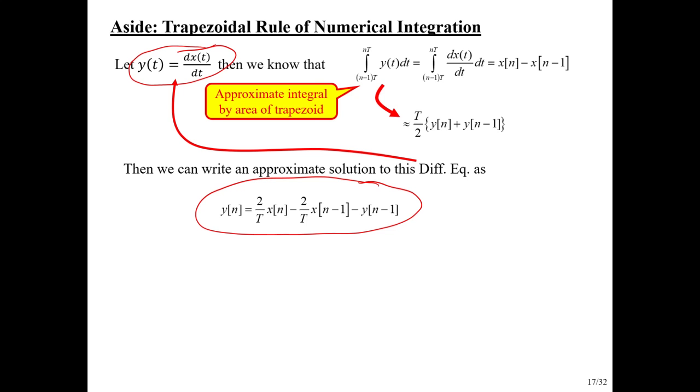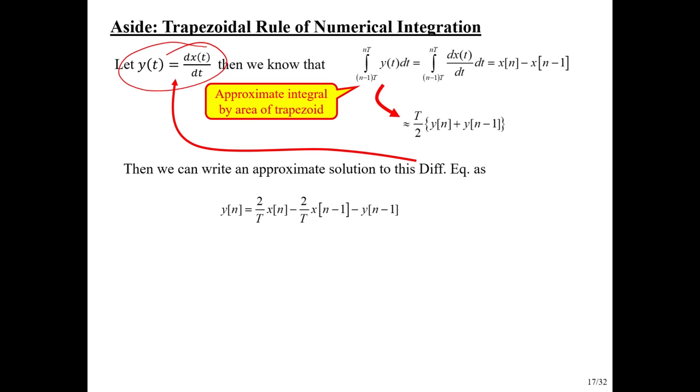So if I ran this and I said, okay, I start with some initial value of y, and I figured out what the x's were, I can run this and recursively compute y of n. It's a difference equation in recursive form. And so that would give me the solution of this.